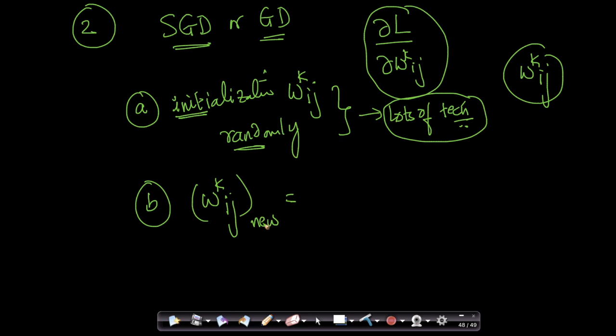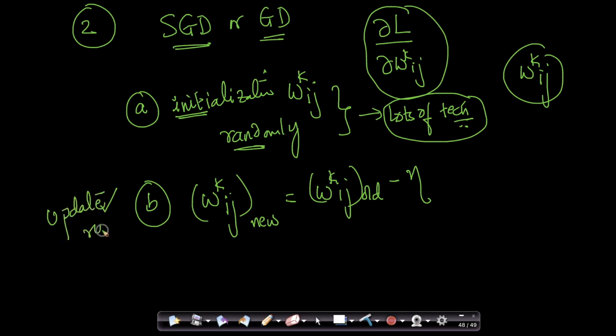So the new value is Wkij, the old value, minus eta. Eta is your learning rate. We saw all of this in the linear regression and optimization chapter where we understood SGD. If you have forgotten, this is called the update rule in optimization or gradient descent specifically.